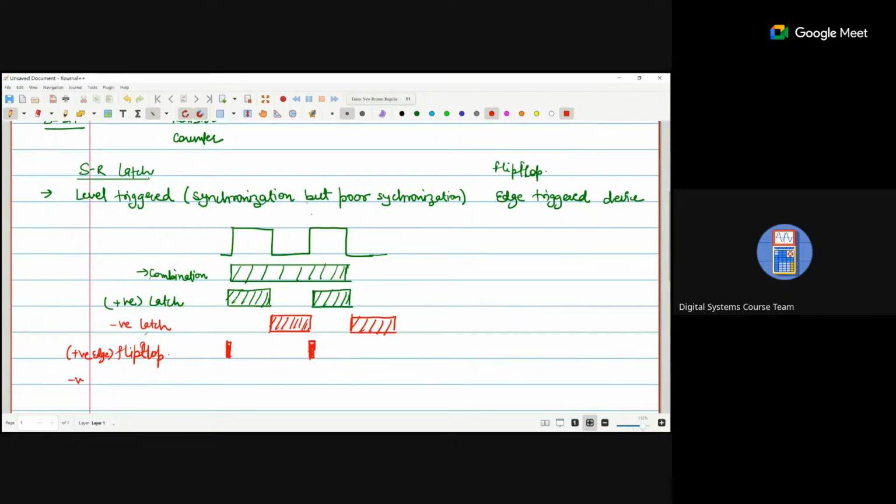And if I talk about the negative edge flip flop, it will perform at this instant. So there is better synchronization in the case of a flip flop.